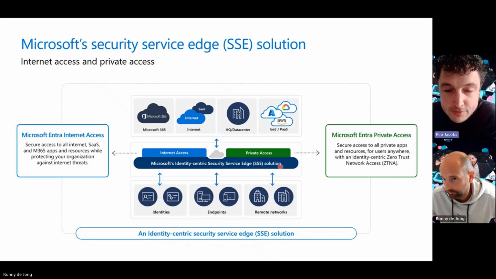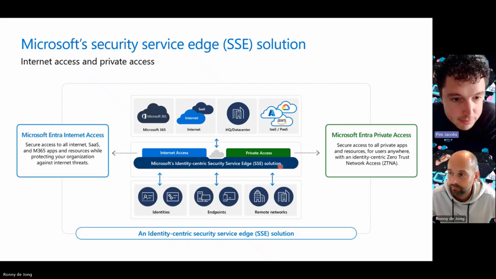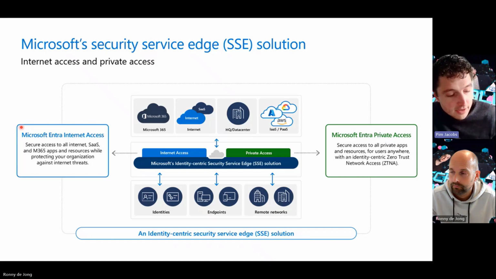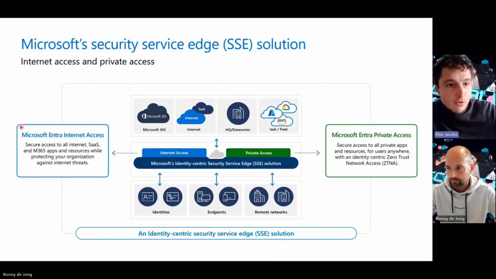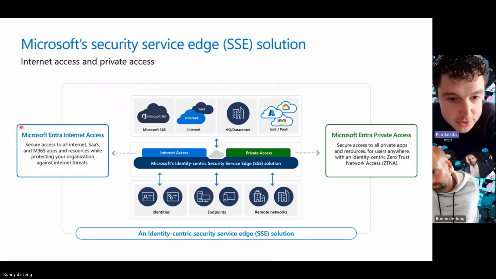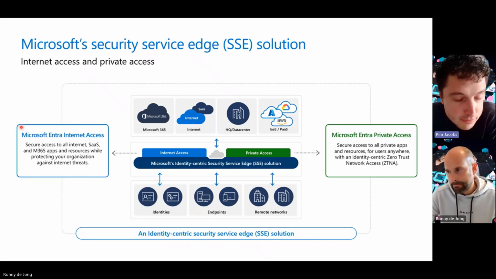So to summarize, with the internet access part, I can prevent bad actors from gaining access to my environment via, for example, token theft, attacker-in-the-middle phishing, or whatsoever else. Because if configured correctly, of course, my main policies would require a connection to the secure service edge solution of Microsoft.